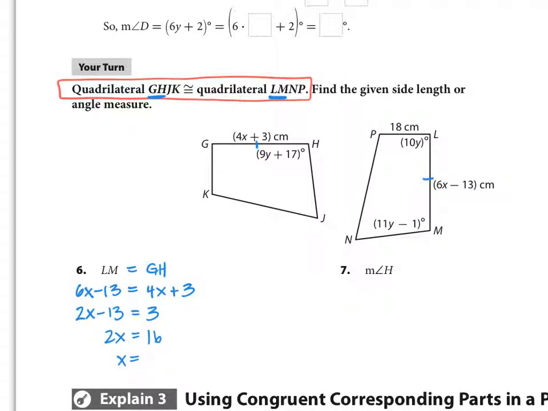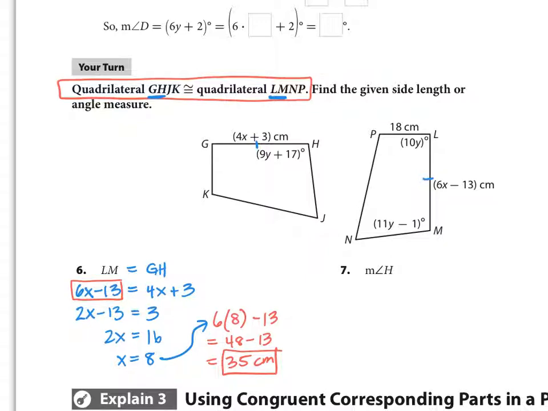Then divide by 2. Right? x equals 8 is not our answer. That just helps us get to our answer. If x equals 8, we're going to use that in LM right there. We want to find out what LM is. So we do 6 times 8, and then we subtract 13. So that's 48 minus 13, which is 35, and this is in centimeters. So that's our length of LM.